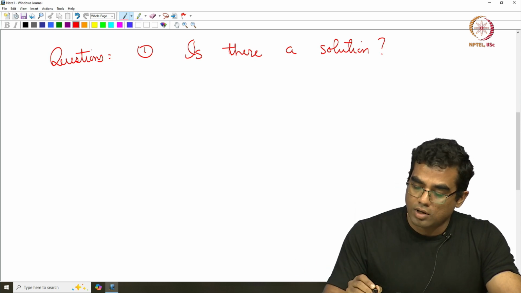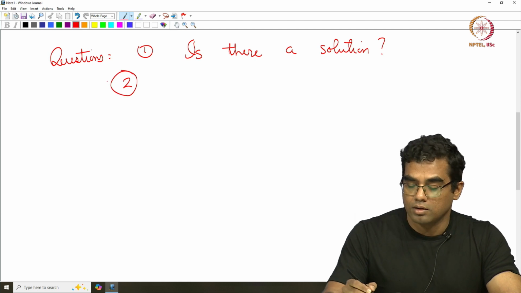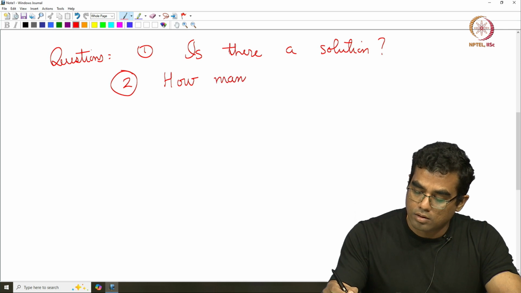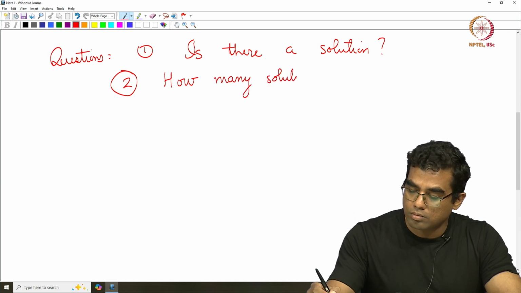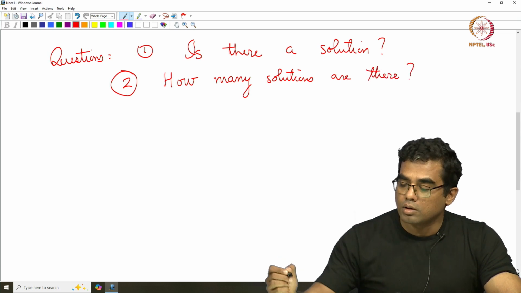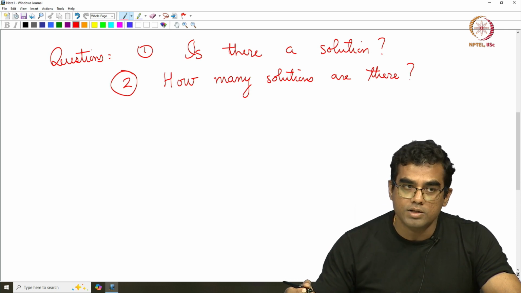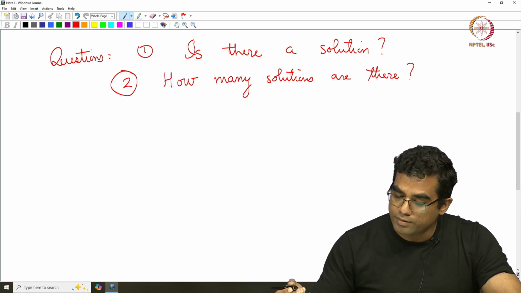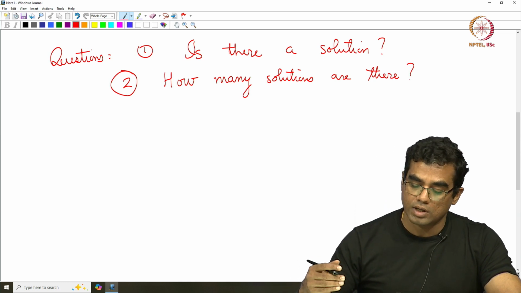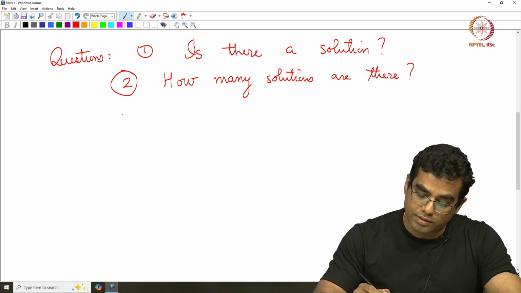This question may have answer yes, or it may have answer no. If it has answer yes, then you can ask how many solutions are there. Now, of course, this question can have several meanings. You can ask if there are finitely many solutions, you can ask if there are infinitely many solutions, you can ask how many solutions there are up to a certain modulus, etc.